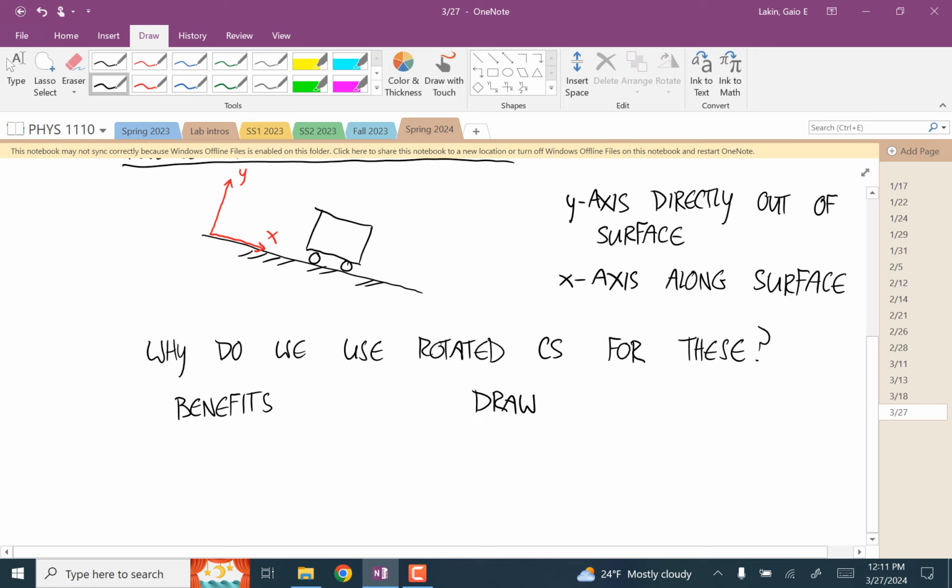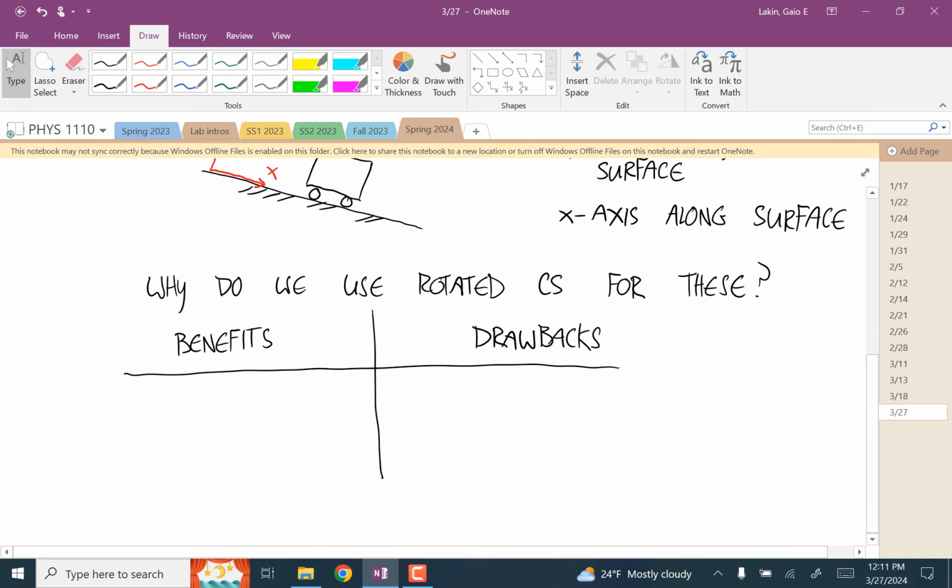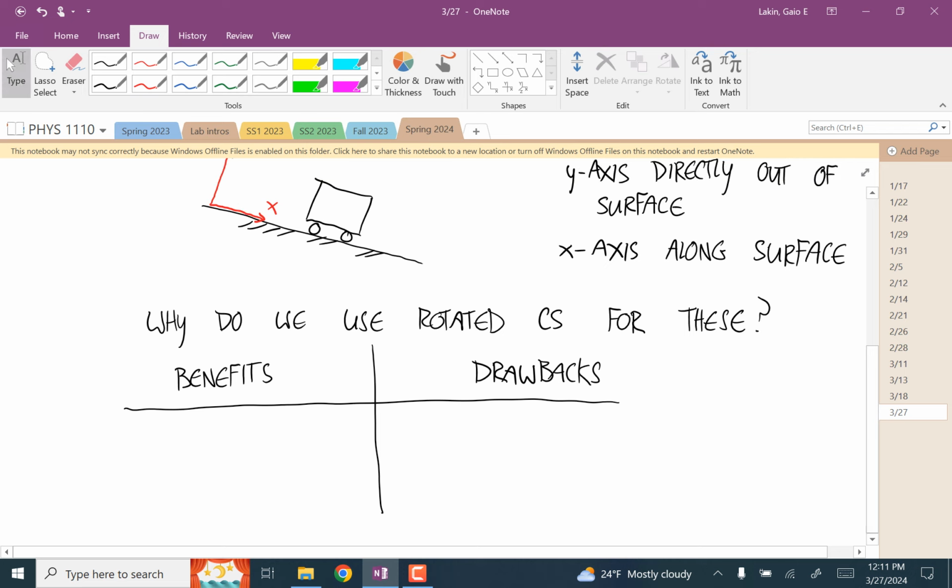Make a pros and cons list. Okay, the first benefit is the acceleration is a lot simpler in this rotated coordinate system than it would be in the regular coordinate system.